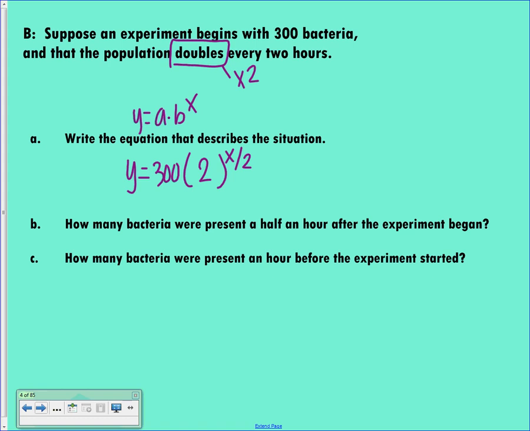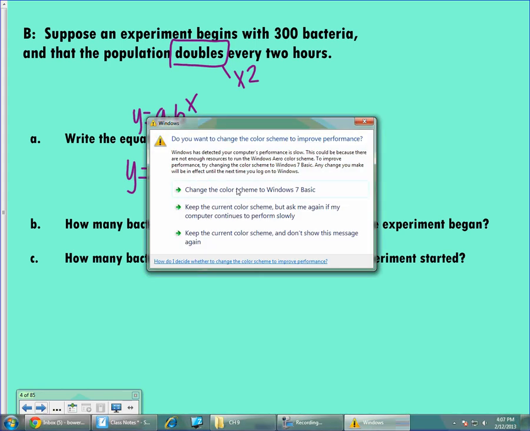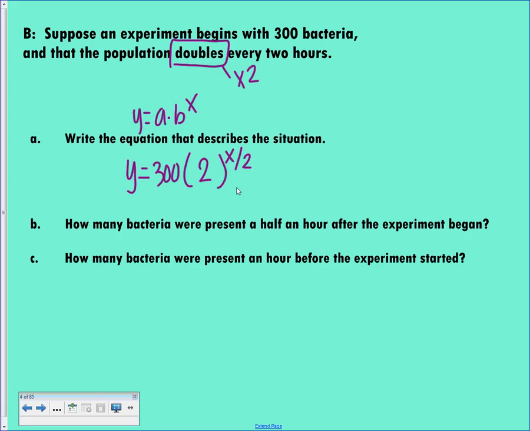Okay, so for part B, how many bacteria were there a half an hour after the experiment began? So now I can let x be a half of an hour, so I can let x be 0.5. So I'm going to say y equals 300 times 2 to the power of 0.5 divided by 2.